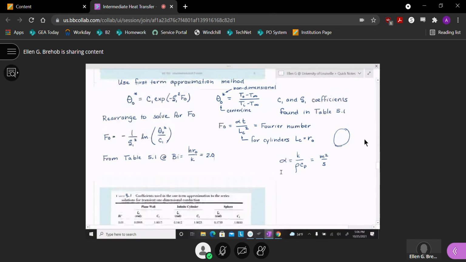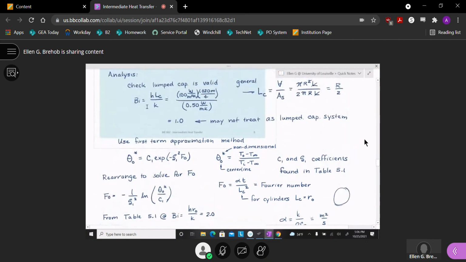So up above, our general rule, we had Biot number as 1.